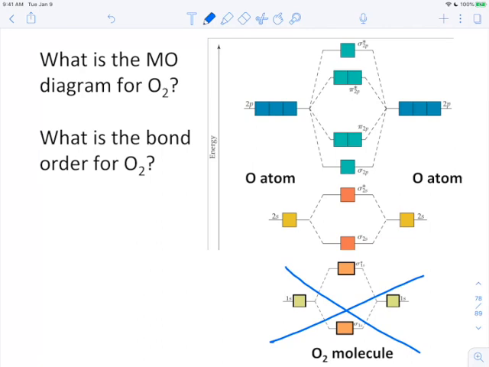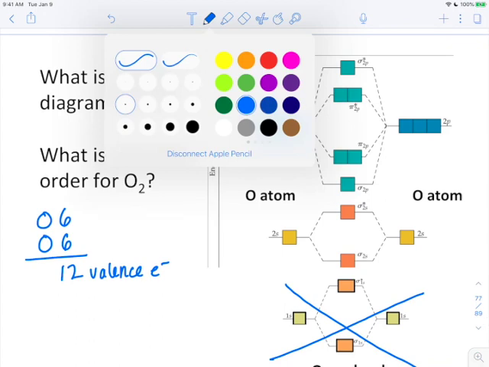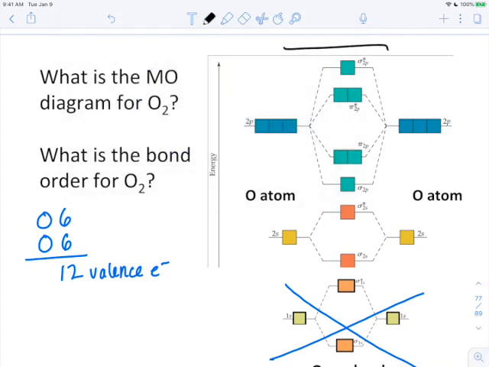All right. So here we have our 2 oxygens. And anyone remember how many valence electrons in an oxygen? Excellent, 6. So we've got 12 valence electrons. And what I mentioned earlier is the only thing I need you to do is the middle part here. If you want to go ahead and do the rest, you can.